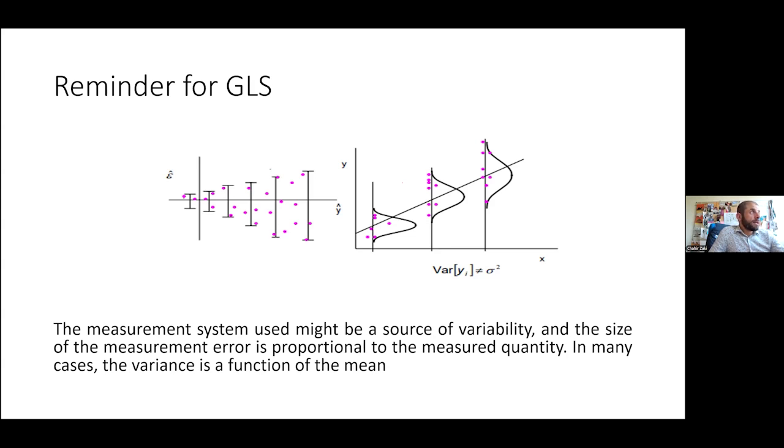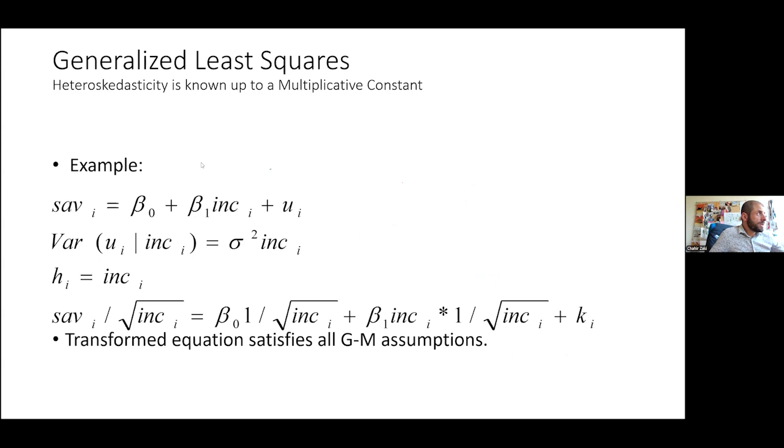And that's why it's not constant. And if it's not constant, this means that we have heteroscedasticity, and that's why we need to run a generalized least squares. So the basic idea from basic econometrics books is we have to introduce a weight in order to give a lower weight to the errors that have a larger variance, right?